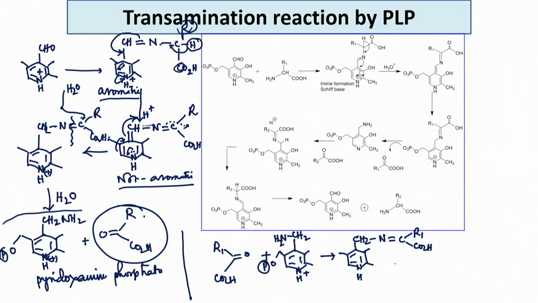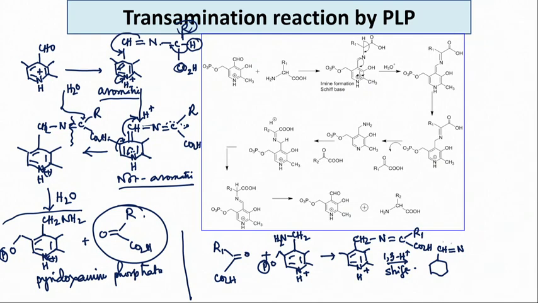keto acid. Okay. Now, what will happen? There will be a tautomeric shift, one of the hydrogens here goes to this carbon. So, that is a 1,3 prototropic shift, and if that happens, then you get an imine, but the double bond is now between the pyridoxal carbon and the nitrogen, and not the alpha carbon and the nitrogen.